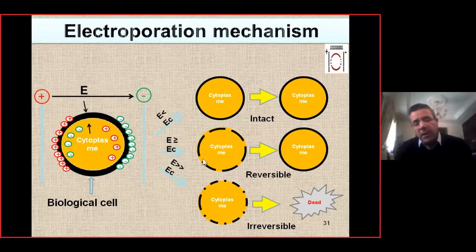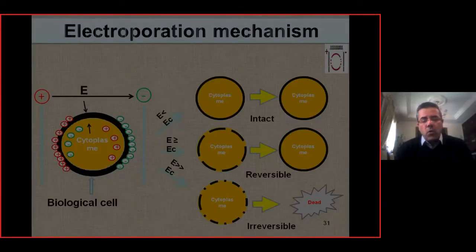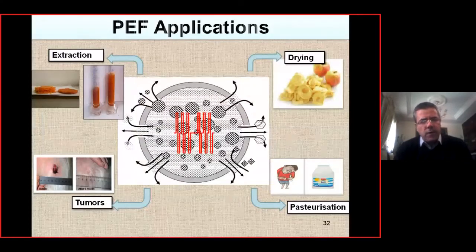If the electric field is strong, there are pores, like small doors, and this is what we call electroporation. In this way, what is inside the cell can be easily extracted outside. We apply this for extraction. There are several applications of this.